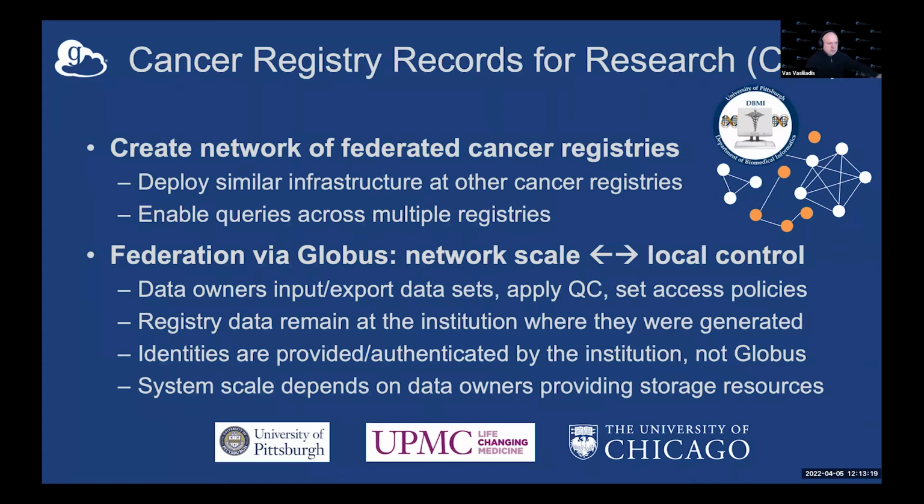I just wanted to illustrate this with an example. I'm not going to show you this portal because it was in a separate project and has a lot of personal health information. But there's a project called CR3, Cancer Registry Records for Research, which is essentially a federation of cancer data repositories.